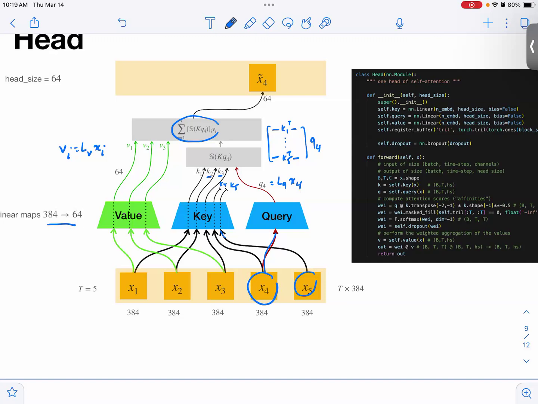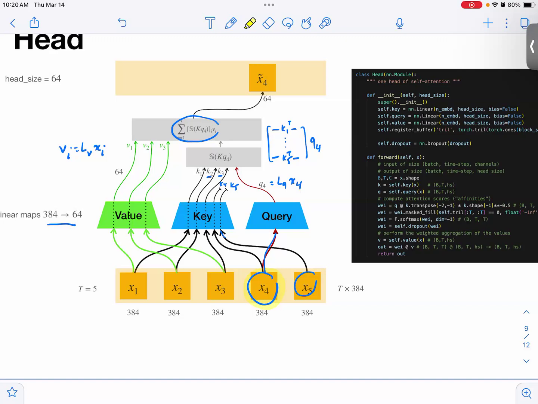This is the core processing that's happening, and it mixes all the information. There's this piece here where I made the dead ends. When you process a position, you ignore everything after it. This is called causal self-attention, because each position only depends on the earlier ones. So you set the weights of the words that come after it to 0, and also itself, since you don't want it to attend to itself.